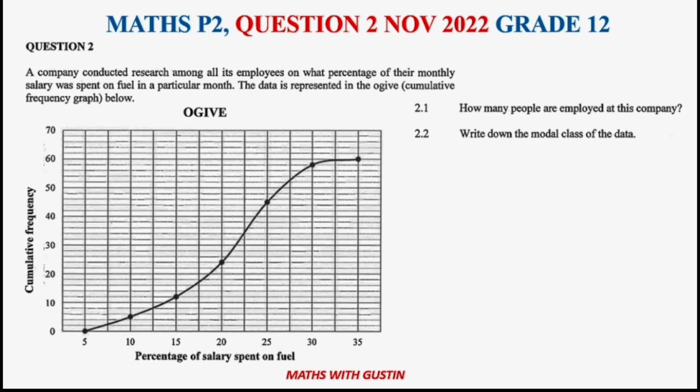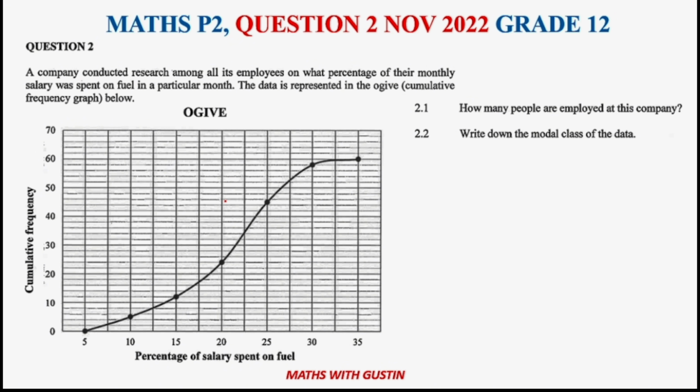We see that we've got the percentage here on the x-axis, and then we've got the cumulative frequency here, which I think is the employees. Great stuff. So now let's have a look at question number 1. It says, how many people are employed at this company.